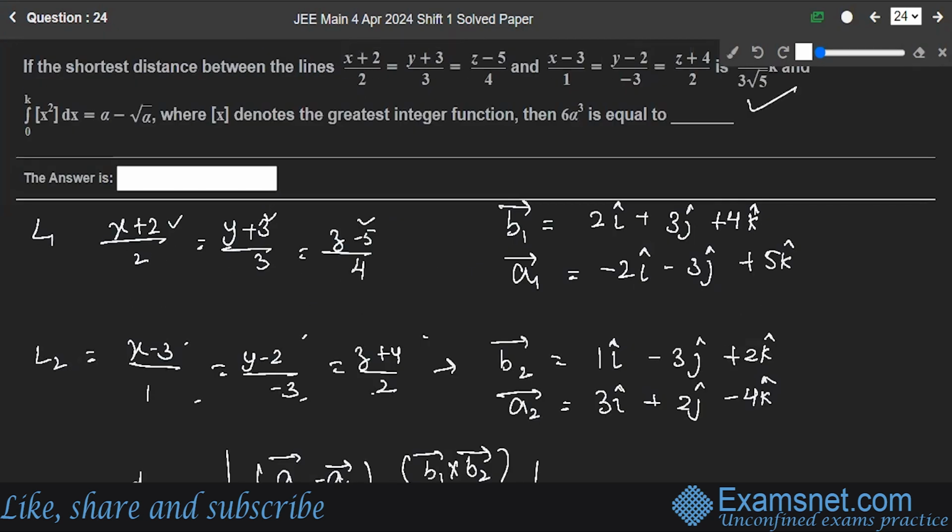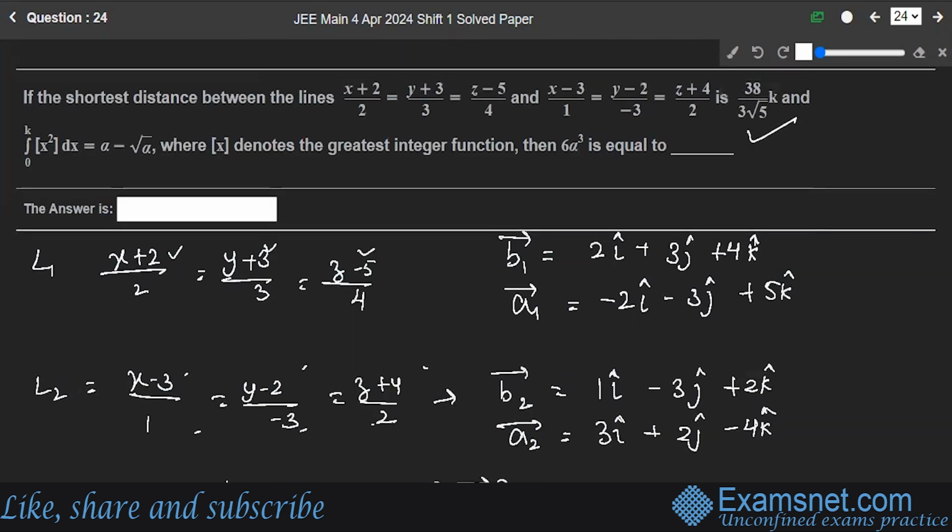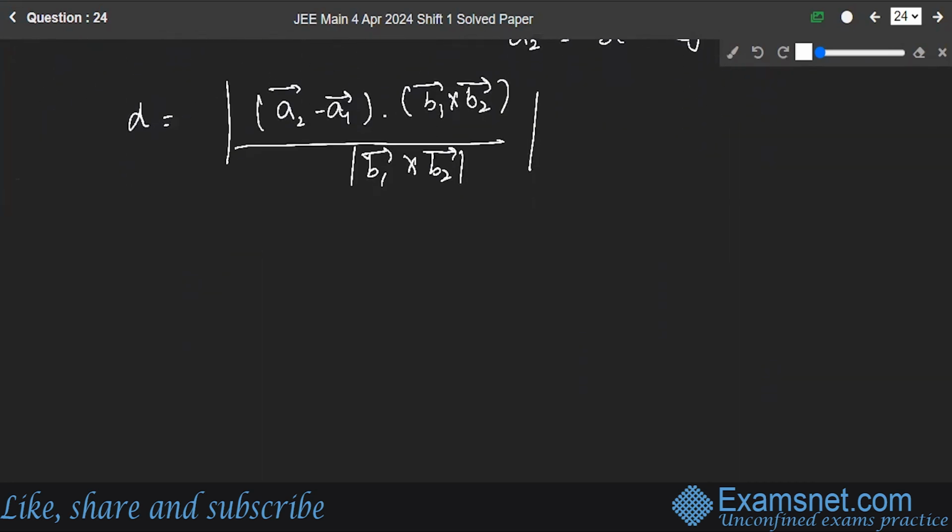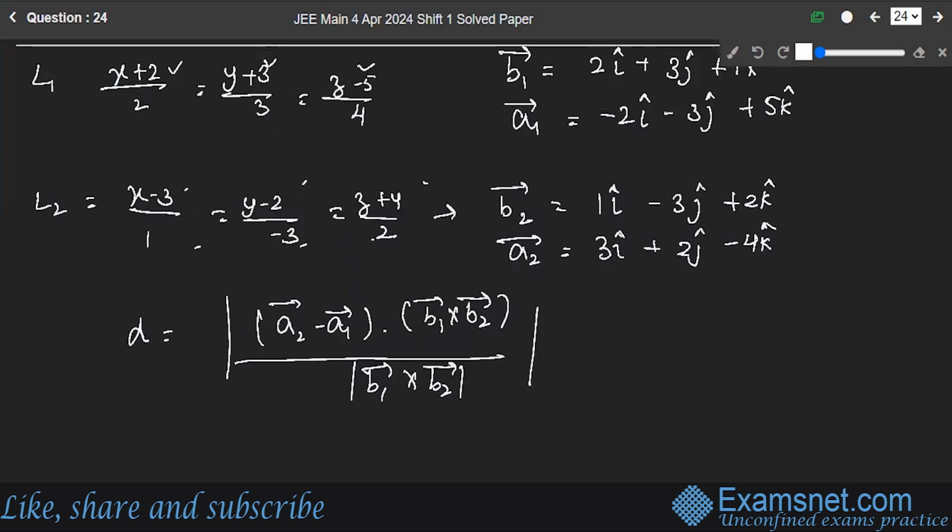First of all, let's solve this. So A2 minus A1 will give me like this. So here is A2 minus A1. This will give me 5i, 5j minus 9k. And let's find out the cross product of V1 and V2.